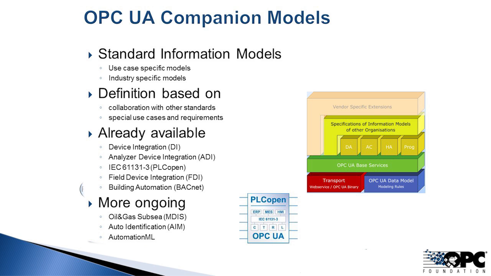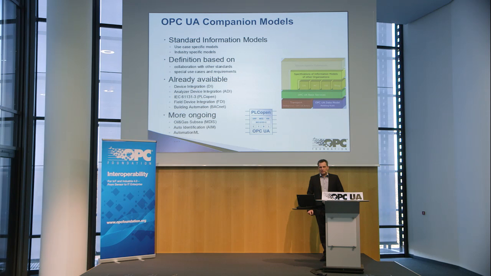And there are some very successful companion specifications that were already released. One of the early ones was PLCopen. So the PLCopen group, the standardization group, sat down and defined how PLC data is exposed in OPC UA objects.